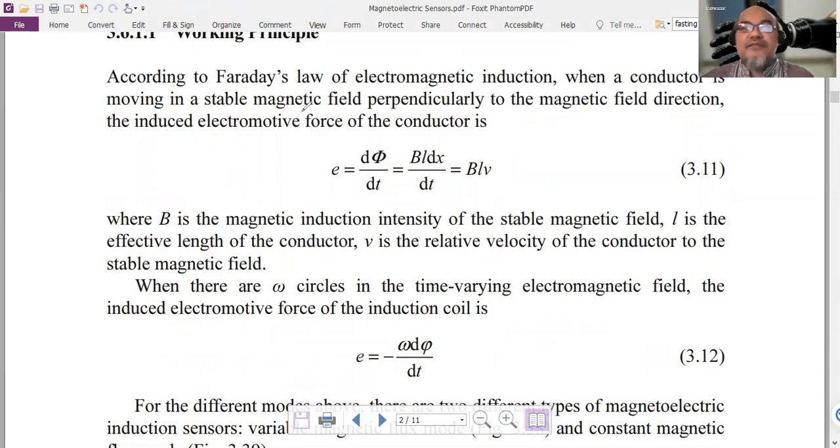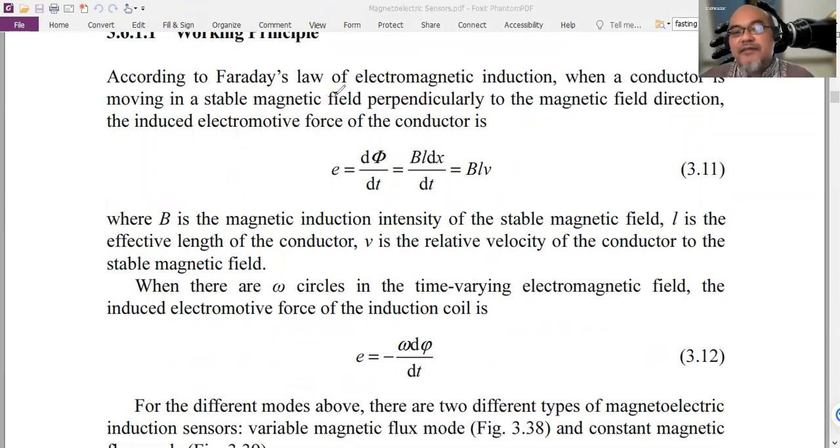When a conductor, meaning just a wire, is moving in a stable magnetic field perpendicularly to the magnetic field direction, it will induce an electromotive force. Voltage will be created along the conductor, which means that current will flow.